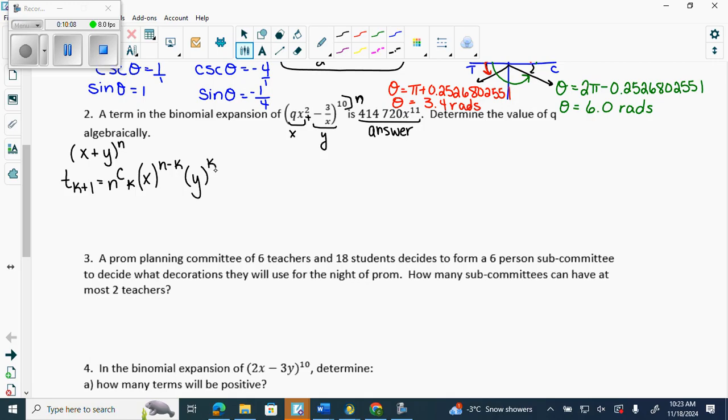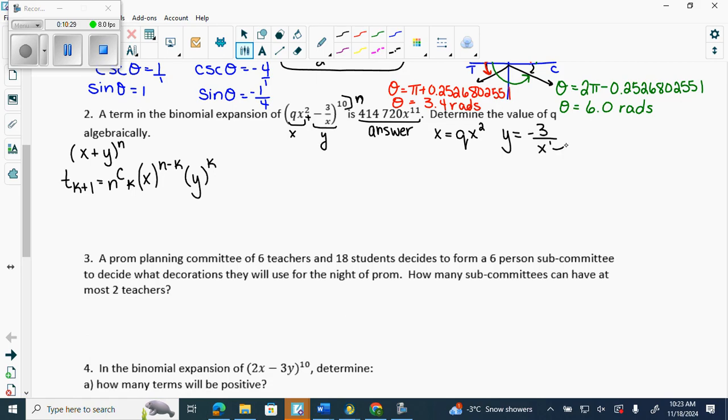So I'm going to talk about what I would make y be before I put it in there. So I have x equals qx squared. I'm going to write my notes. X equals qx squared. Y equals negative 3 over x to the 1.